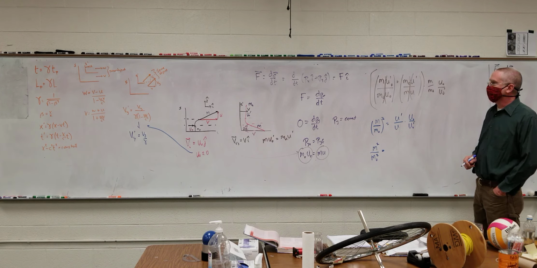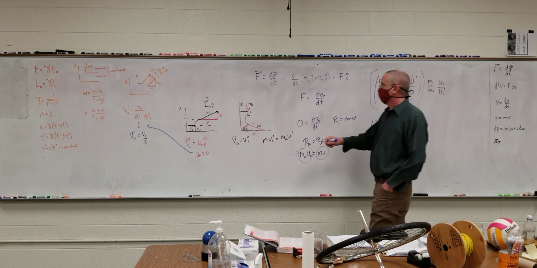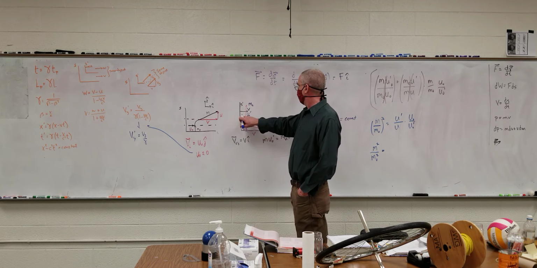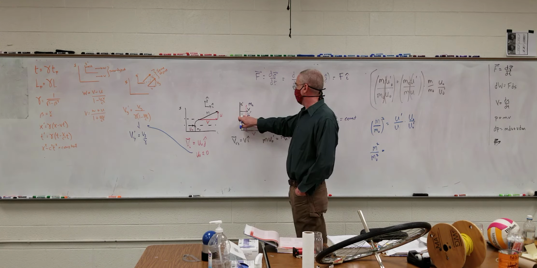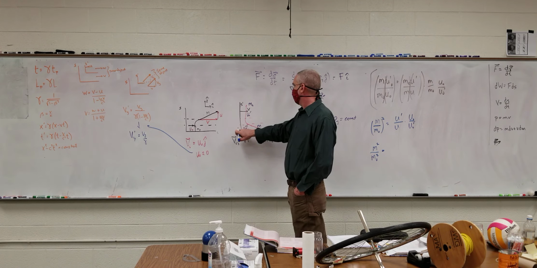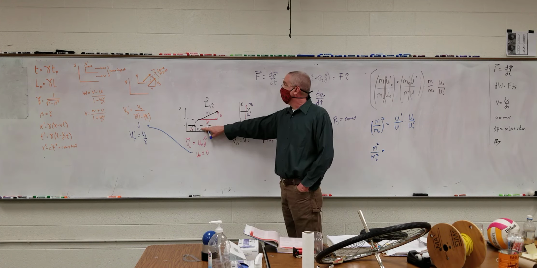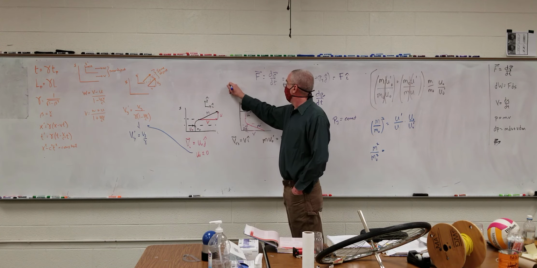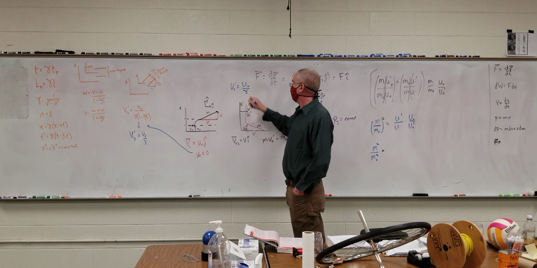So when it's traveling perpendicular here and traveling perpendicular there, we would have u naught prime is equal to u naught over gamma.